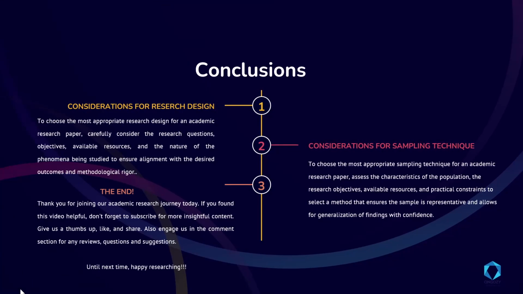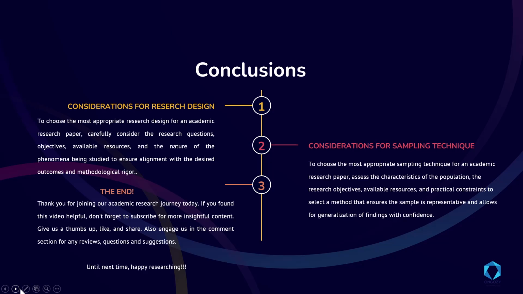All right. Now, ladies and gentlemen, as we conclude today's matter, remember that to choose the most appropriate research design for an academic research paper, you must carefully consider the research questions, objectives, available resources, the nature of the phenomena being studied, and also ensure that your research method aligns with the desired outcomes. Okay?